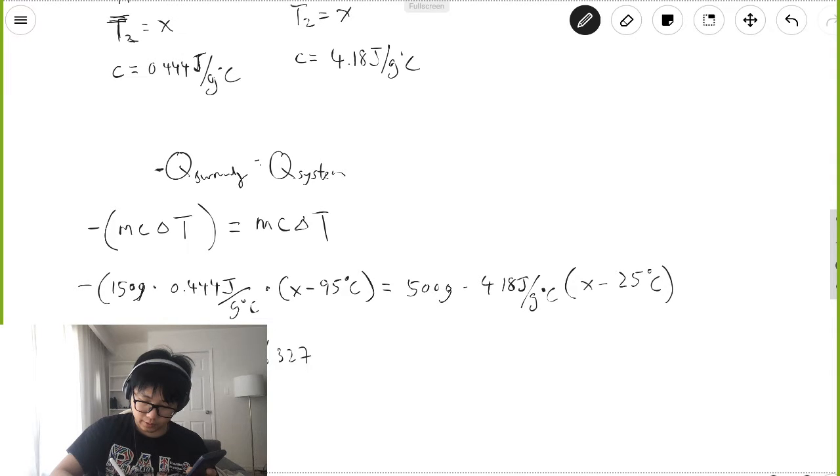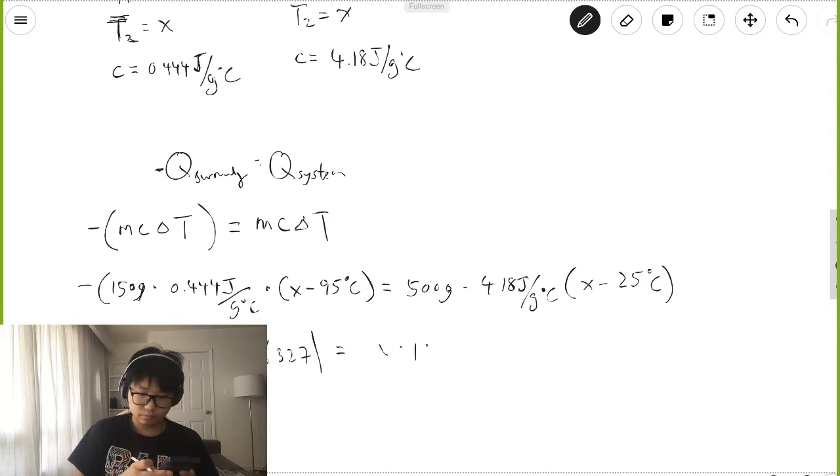And don't forget that big negative sign on the outside. That equals, on the right side, 500 times 4.18, which is 2090, times X minus 25.